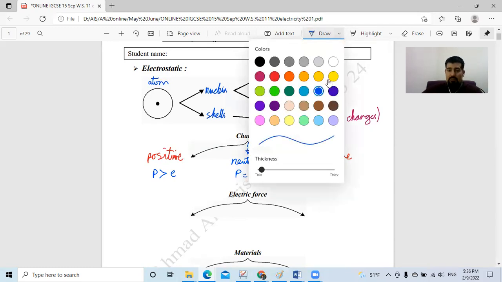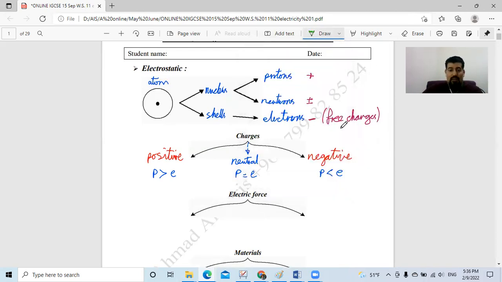So how does the object become positively or negatively charged? As Marwan said, it becomes positive by losing electrons, and it becomes negative by gaining electrons. Tamam.